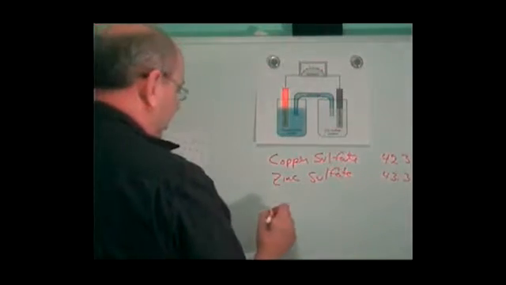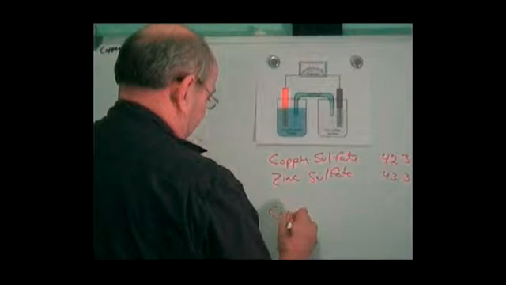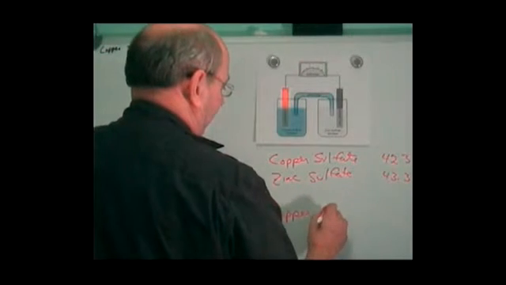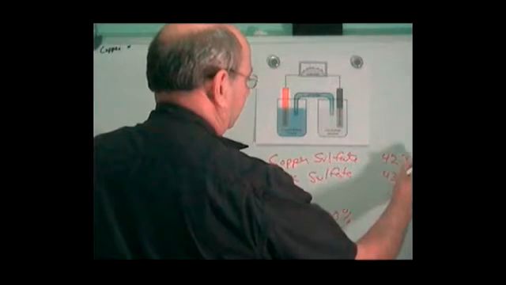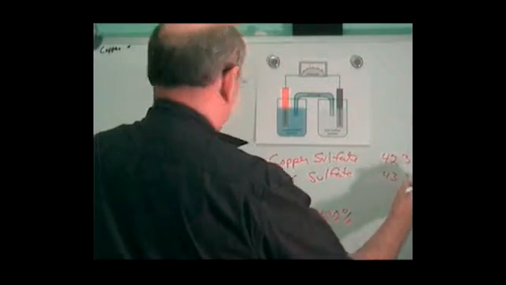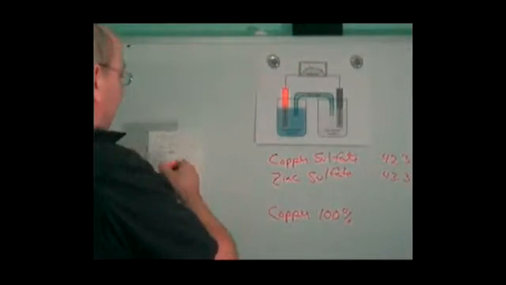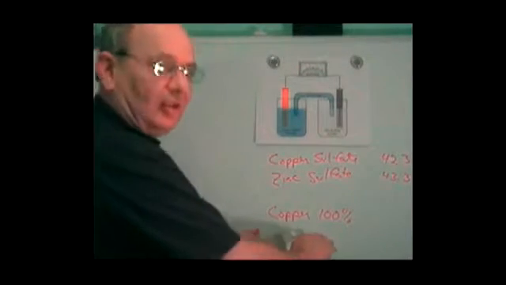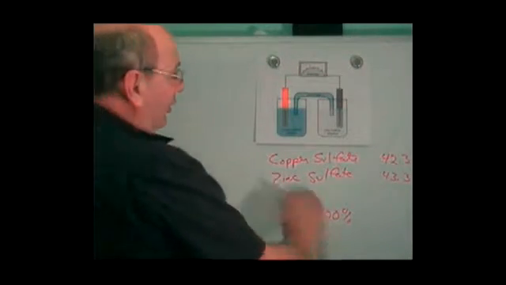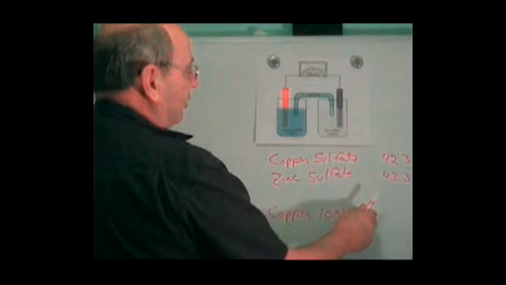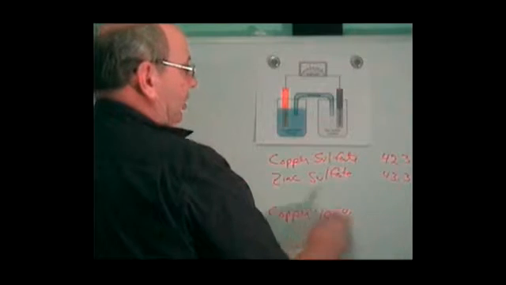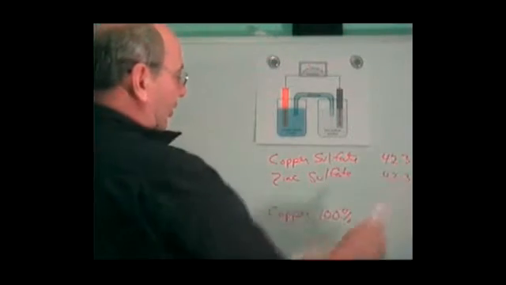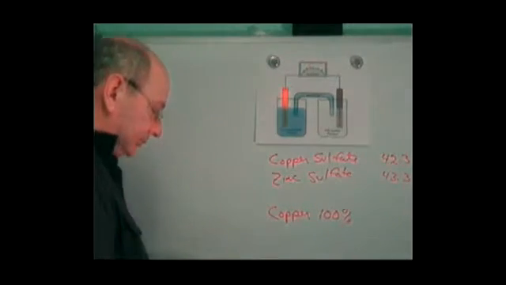Copper is 100. So what these numbers mean is copper is our standard, and copper sulfate is 42.3% as conductive as copper, and zinc sulfate is 43.3% as conductive as copper.